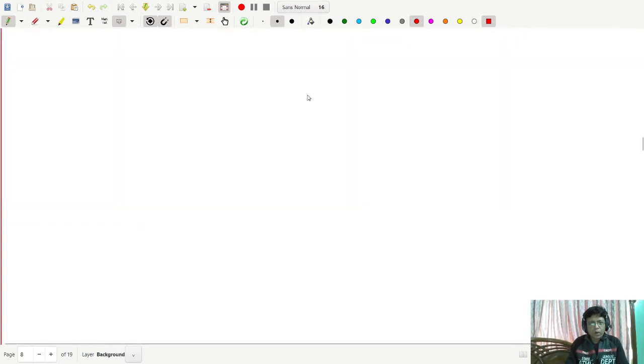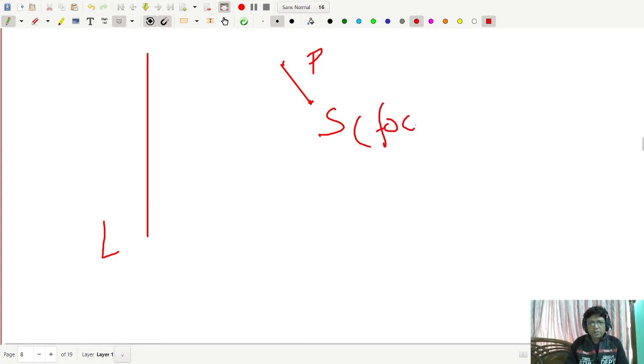There is a fixed point S, and there is a fixed straight line L, and a moving point P. P is anywhere, it's moving in the plane. The point S is the focus of the conic, and the line is the directrix.